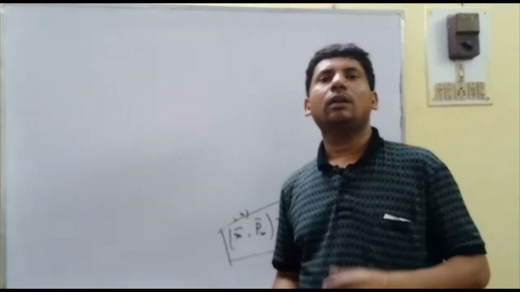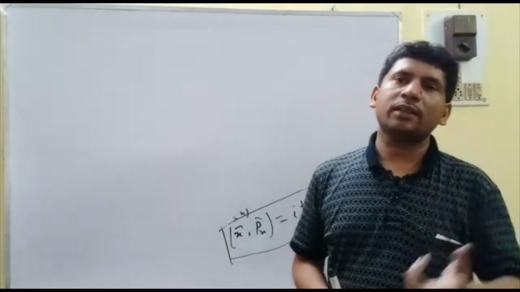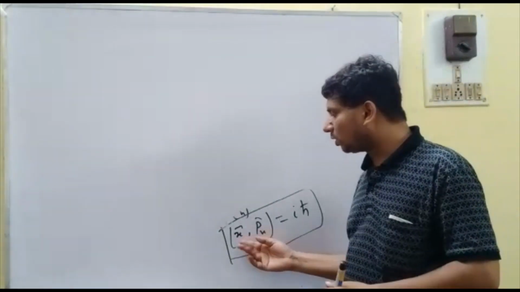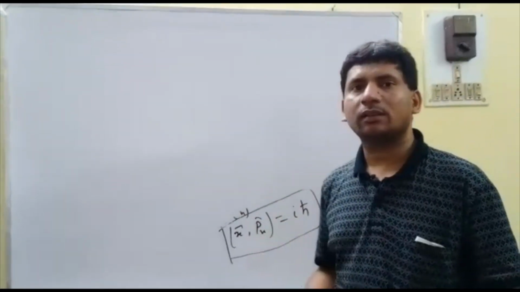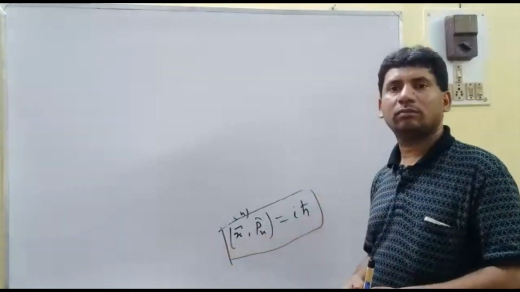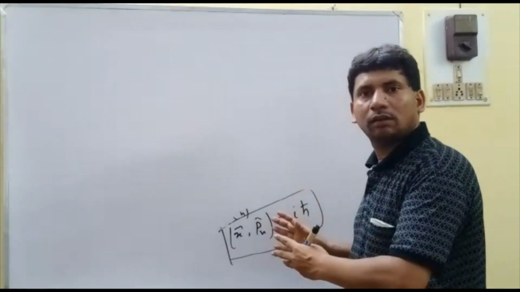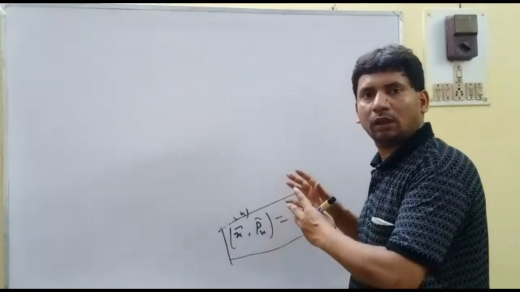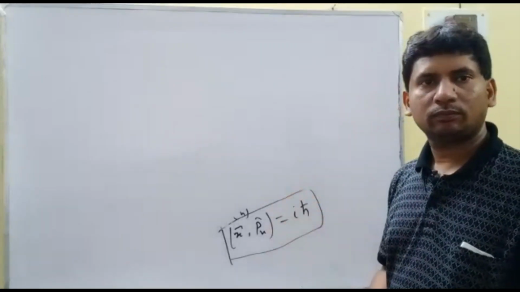Thus it is impossible to measure the position x and the momentum p_x simultaneously along the same direction. This supports the Heisenberg uncertainty principle. Clear?